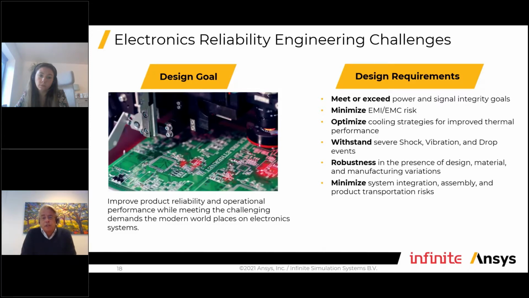And of course, things can drop, can shock, so you have to be aware of that and simulate that also, so you don't have problems when your products are out on the market. Also the robustness of your design, and material and manufacturing variations matter more and more. And of course, you want to minimize system integration, assembly, and product transportation risks.